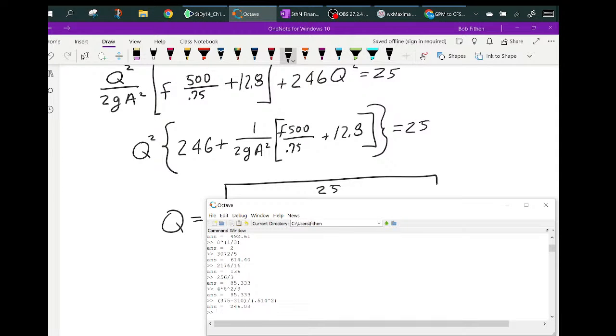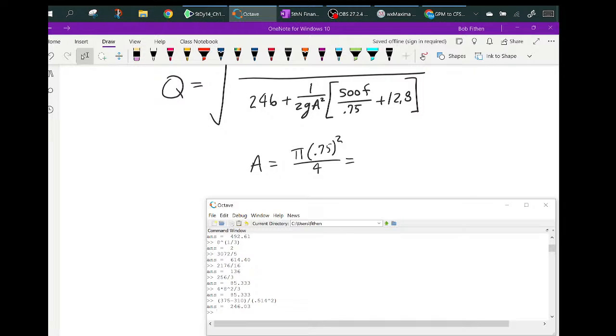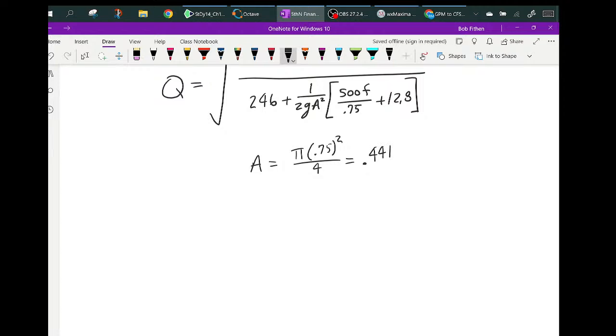Since we're actually interested in solving the problem, 0.44179. Now, if we look at g times A squared, it would be 32.2 times 0.44179 squared.